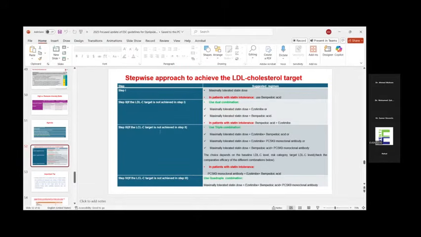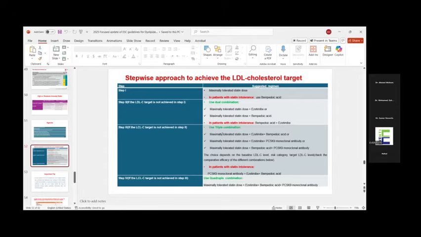If the LDL cholesterol level target is not achieved in step 2, we will use triple combination. Basically, maximally tolerated statin dose with either ezetimibe and bempedoic acid, or ezetimibe and the PCSK9 monoclonal antibody, or bempedoic acid and the PCSK9 monoclonal antibody.